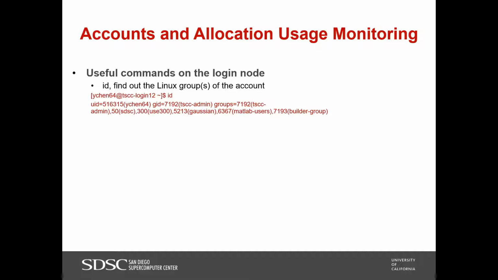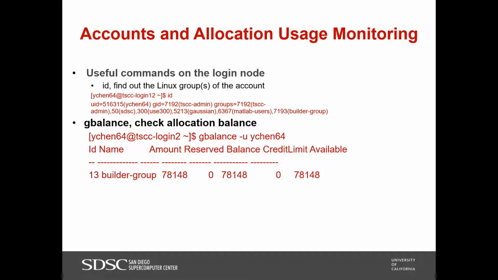Here we just focus on what we can get from the id command. Sometimes you need to be added to a certain Linux group in order to use some software. For example, here I have been added to the Gaussian group. If my account is not added to the Gaussian group, I don't have access to the Gaussian software.